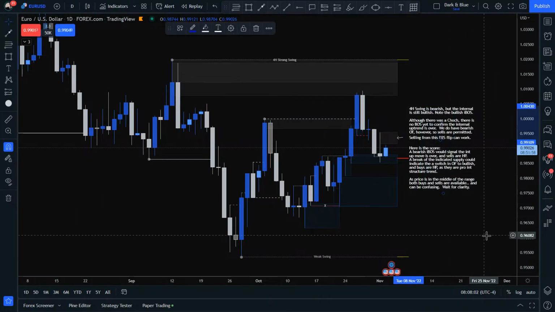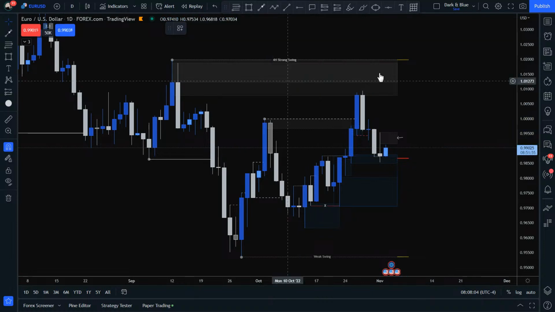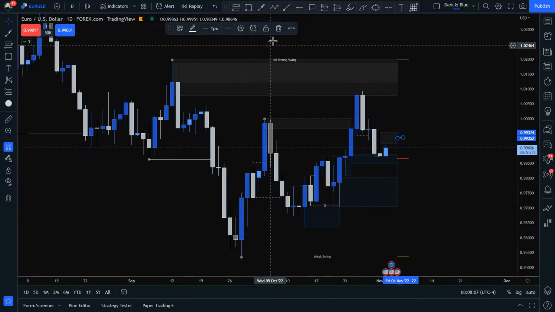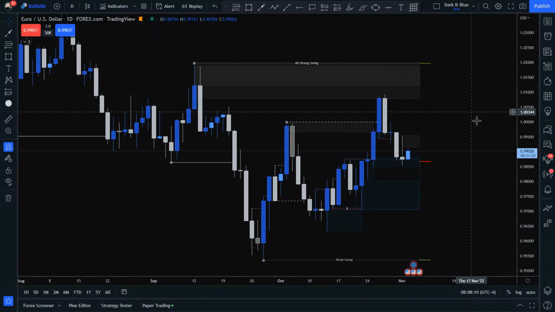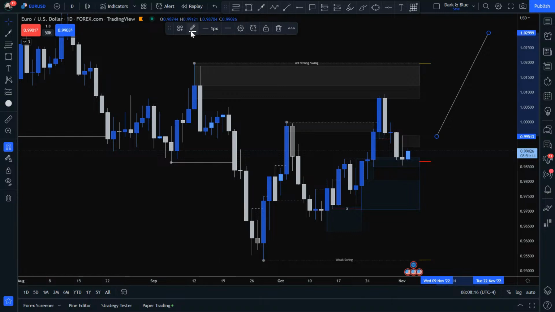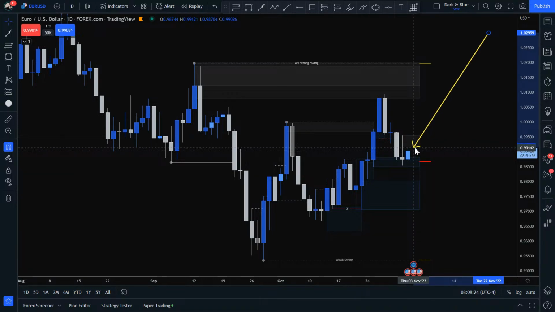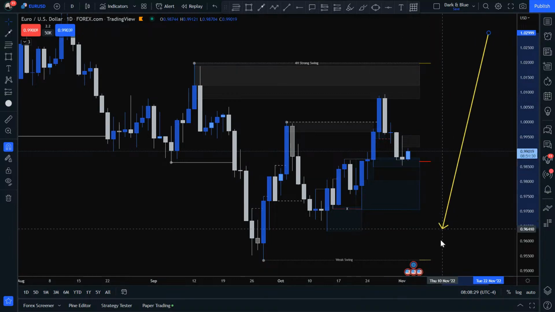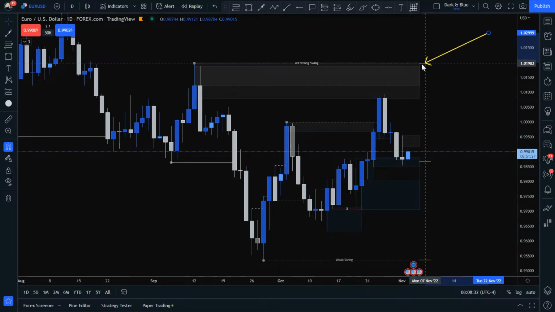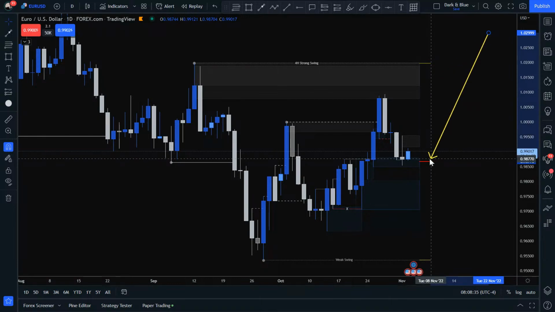The first thing we want to notice is where we are in the structure, right here. This is our current price location. We have the range here, the daily range of the high and low of the trading range. And this is the middle, and we're at the middle of this trading range. This is not the greatest place to look for buys and sells and whatnot.